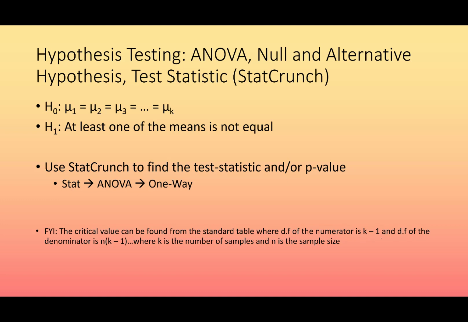And then the degrees of freedom of your denominator is n times k minus 1. K is still our number of samples, and n is the sample size. So if you still choose to look up your critical value by hand, as opposed to using the p-value method, you're going to have 2 different degrees of freedom that you'll have to work with when you are using the standardized table for the F distribution.